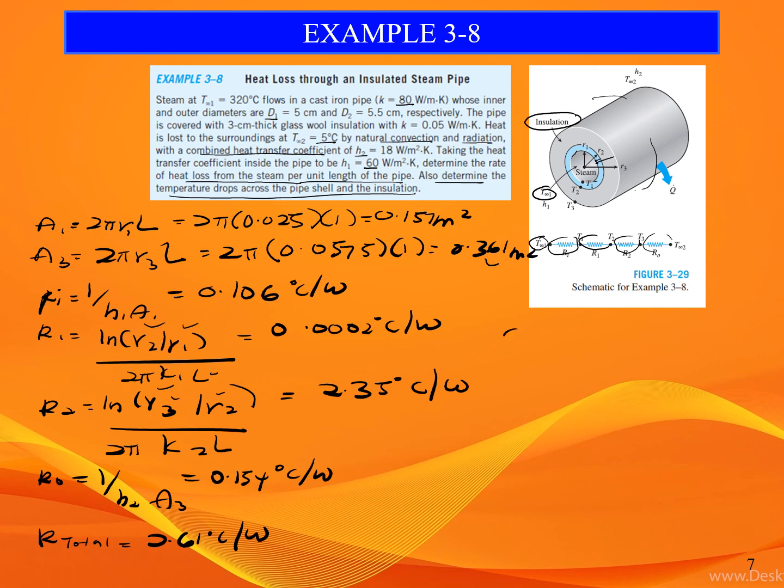To find Q, you need to find T infinity 1 minus T infinity 2 over R total. We already know T infinity 1 is 320 degrees Celsius, and T infinity 2 is 5 degrees Celsius.